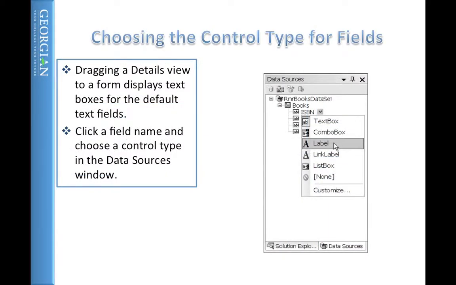All right. We also talked about choosing control types. I can change from a text box to a label or to a list box or whatever I decide to use. When I drag and drop these from our data source, this is the best way to do it, guys. You can do it the other way too. Once you have your data source, if you want to create your data-bound control and do it backwards, you can.